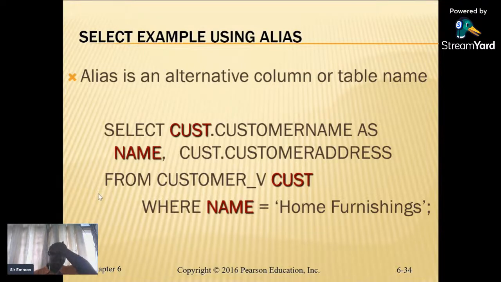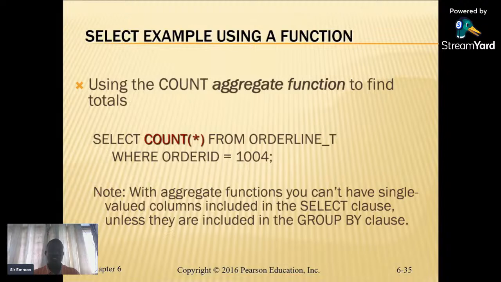So select cust.customer name as name, cust.customer address from customer, where name is equal to Home Furnishings. So these are select examples.